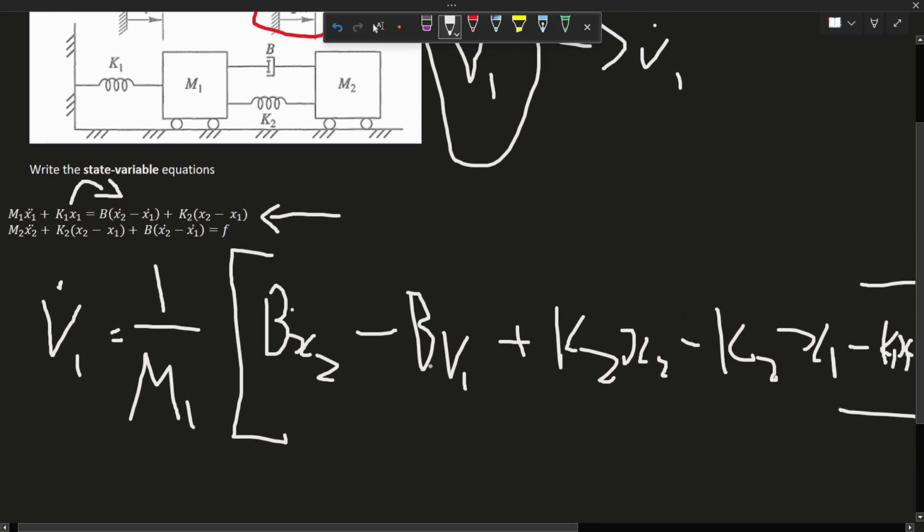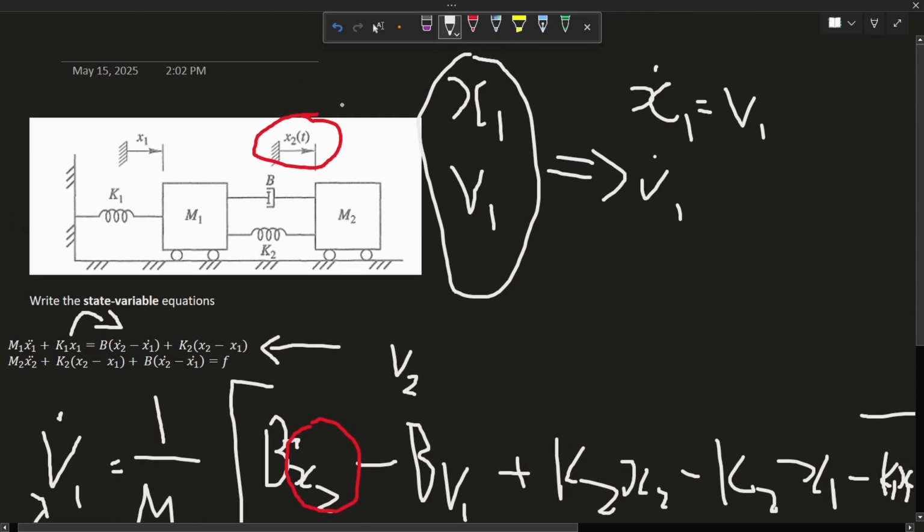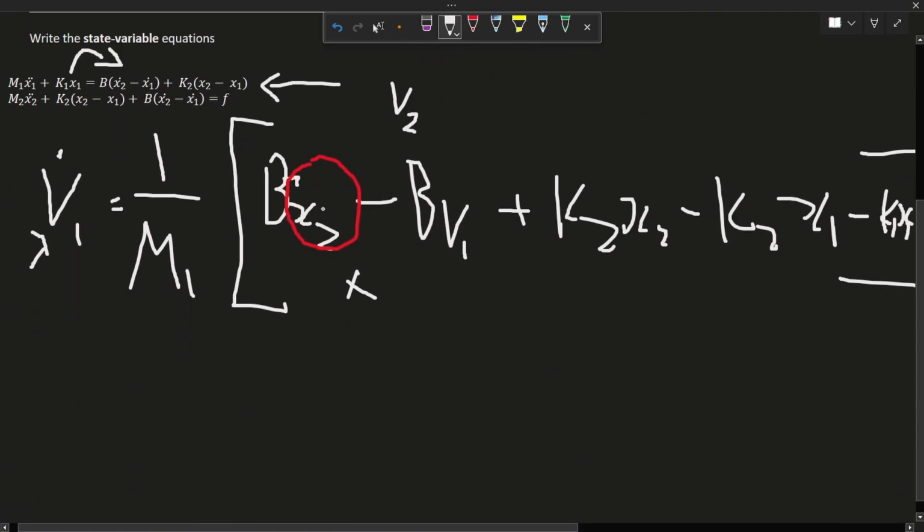Beautiful. Now there's a problem over here. When you're defining your state variable's derivative, on the left hand side you can't have another derivative. In this case we have x2 dot. You can't have that, and we can't even write v2 because x2 is your input. So you can't just change it however you want. You have to consider this as x2 dot.